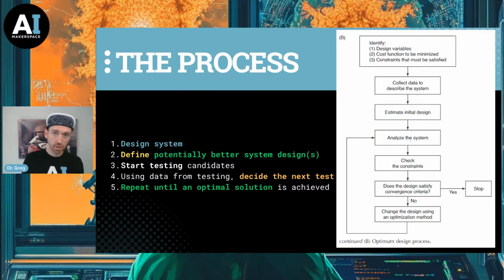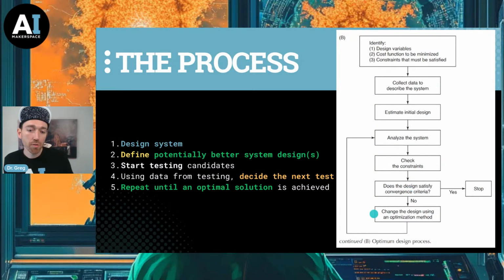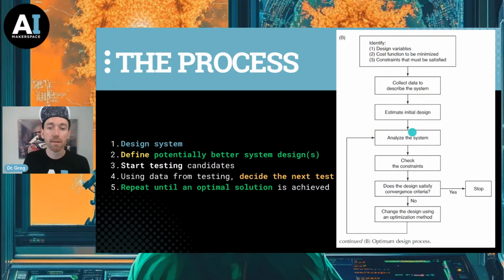We say, is this good? Is it right? Is it correct? Does it match the data? We're checking the constraints, making sure that we're within bounds of our design space. And if we have convergence criteria, are we done? Maybe we just have a number of training steps, and then we run it back. And so on. We make a change at the end and we iterate.